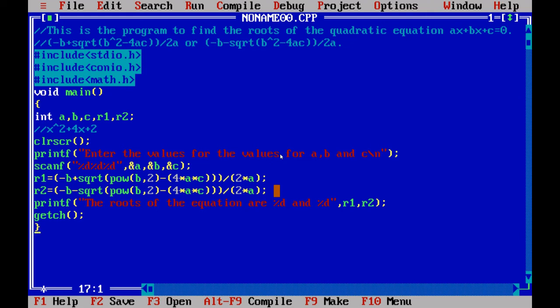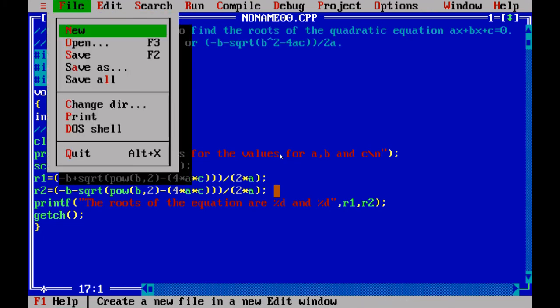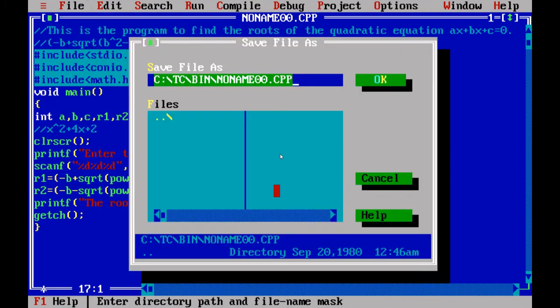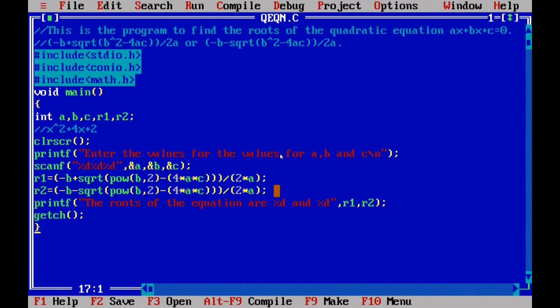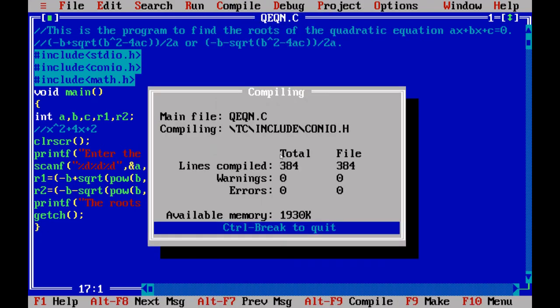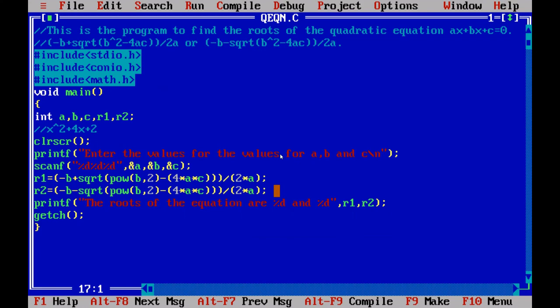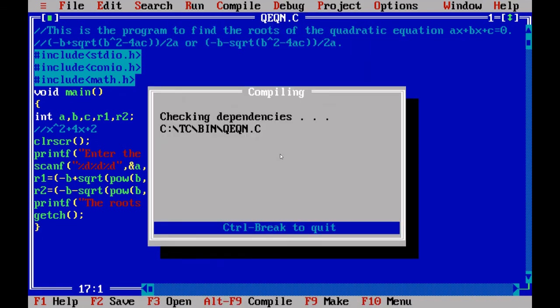That's all. Now let's compile our program. Save our program as first equation dot C. Compile your program. Now, no error message. Run your program.